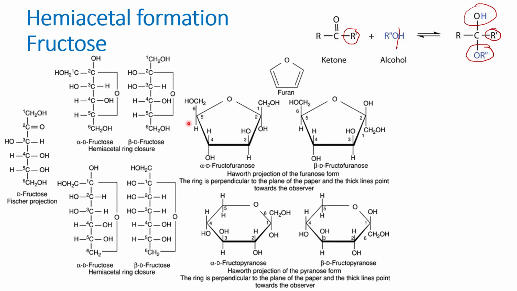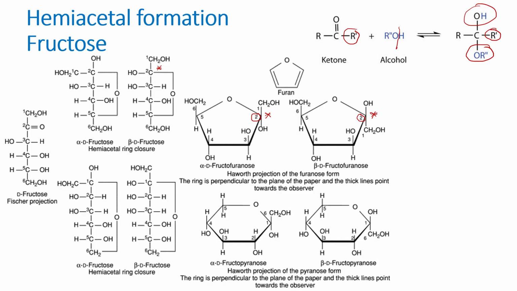So in this particular cyclized molecule, we see the first carbon. Please note the first carbon. The first carbon is written outside. You see here the first carbon is written outside. The second carbon is the one which has become a newly formed stereo center. So the second carbon is the newly formed stereo center. Remember, this is the one.